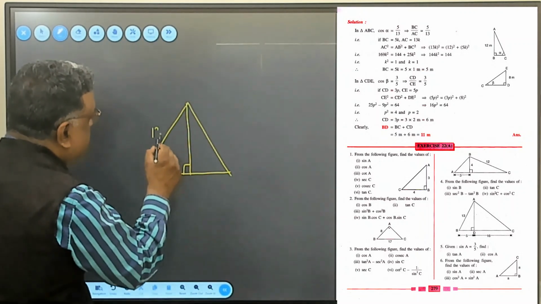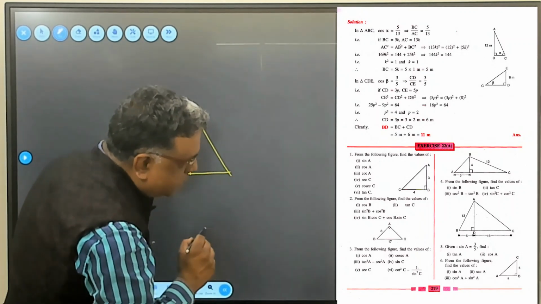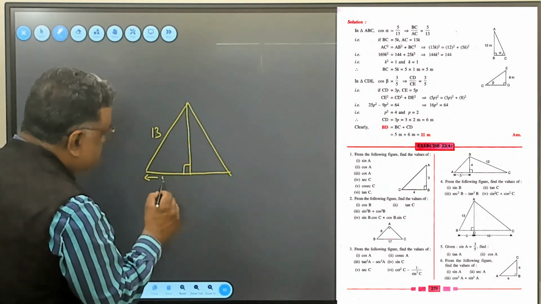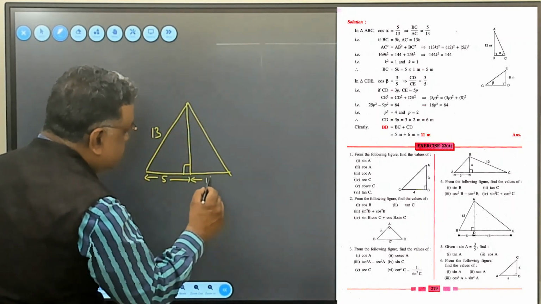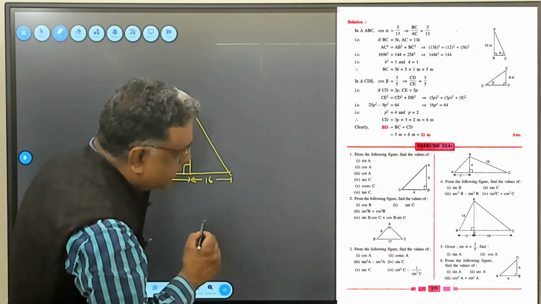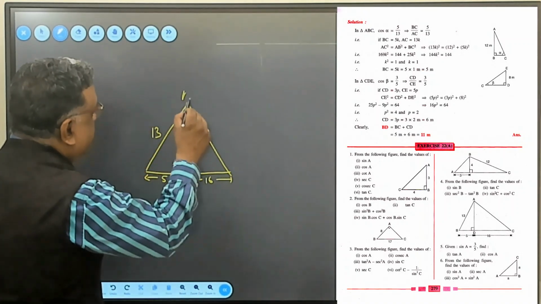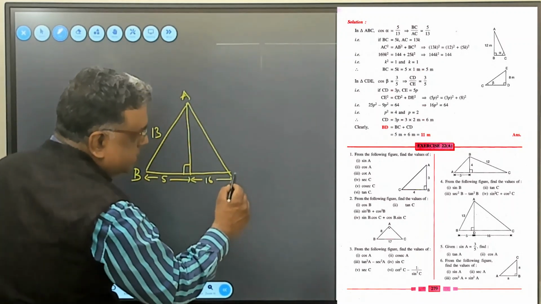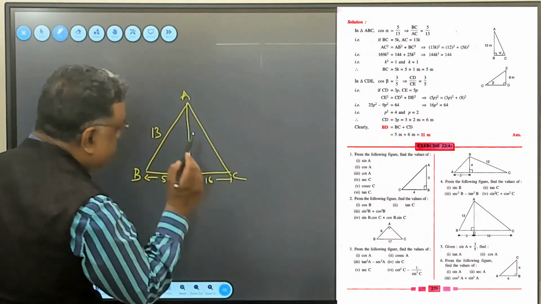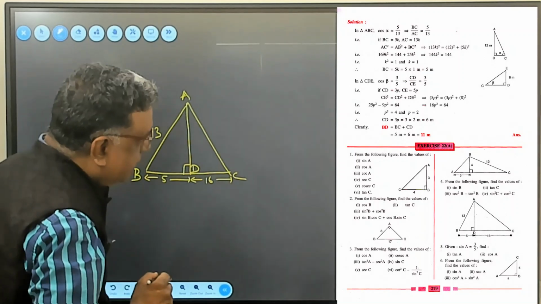This is given as 13, this is 5, this is 16 units, A, B, C, and this point is D. Correct?